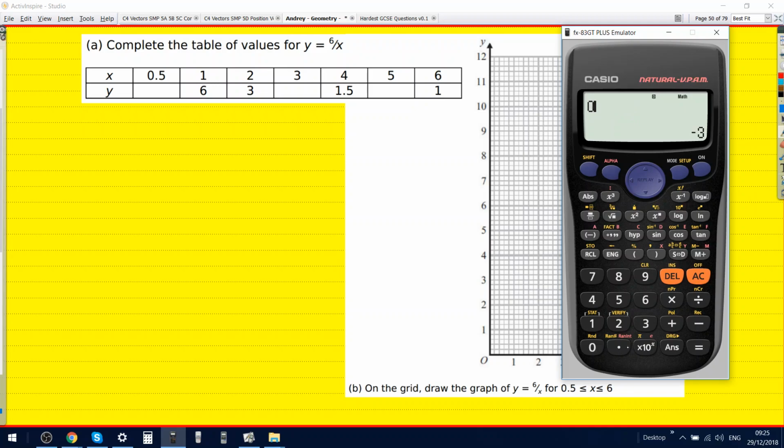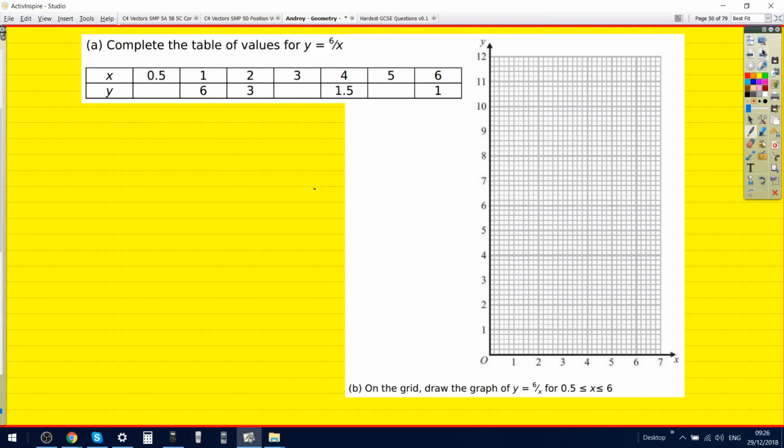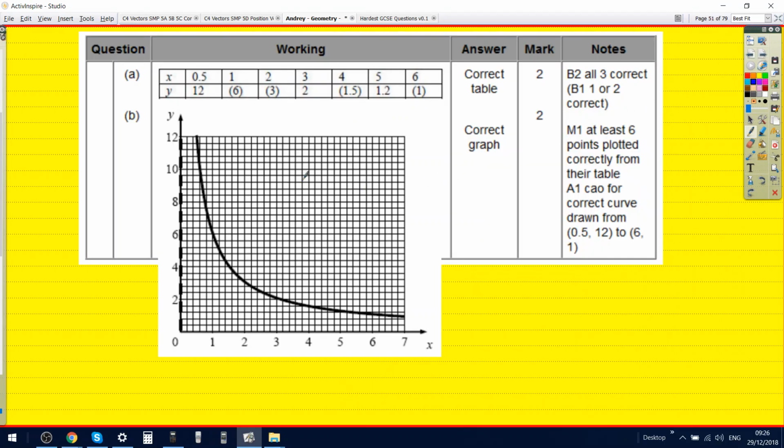This time it starts at 0.5 and ends at 6. That's very unusual, that it starts at 0.5. After that it goes up in steps of 0.5. You just put in the answer for 1, 2, 3, 4 and then join them up. And there you go, it looks like that.